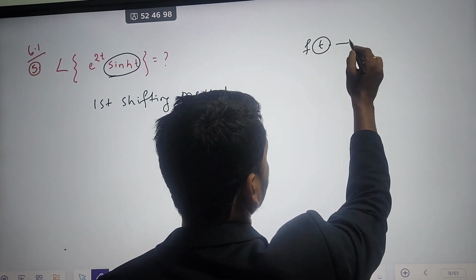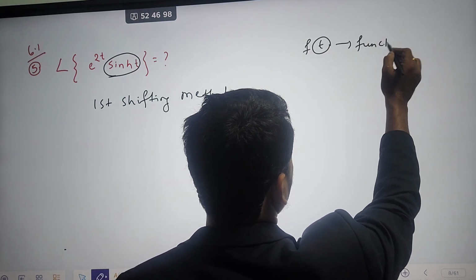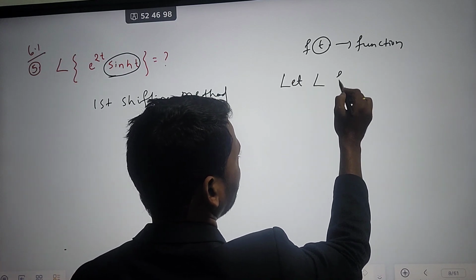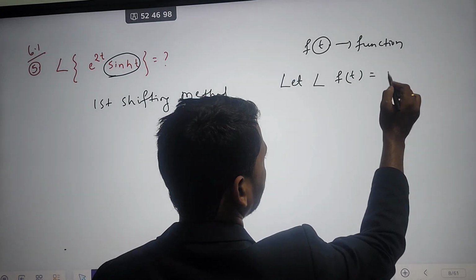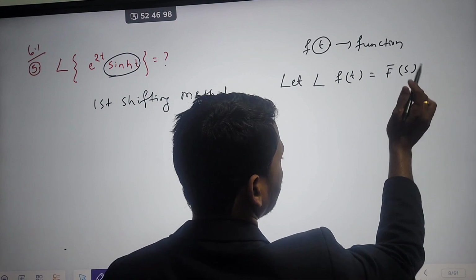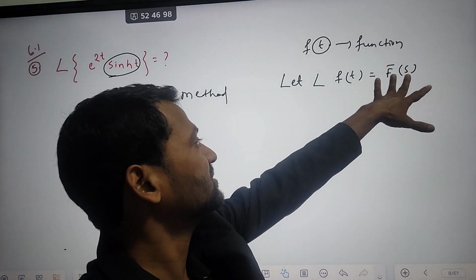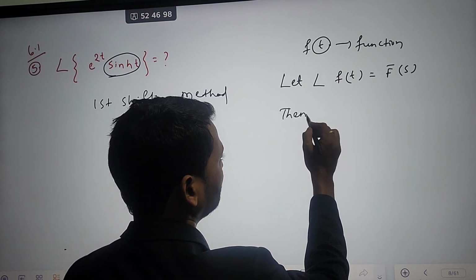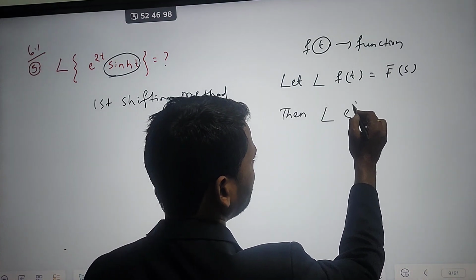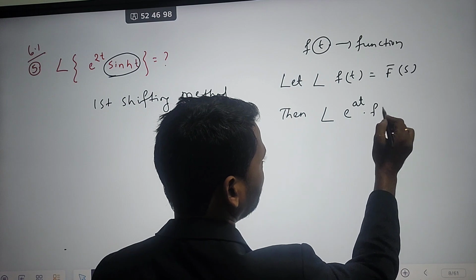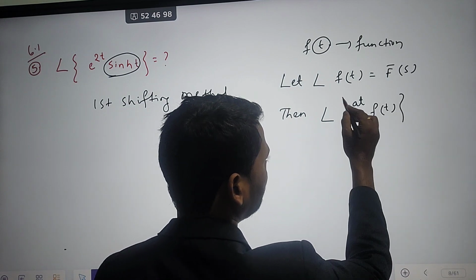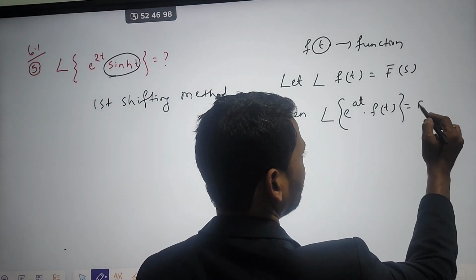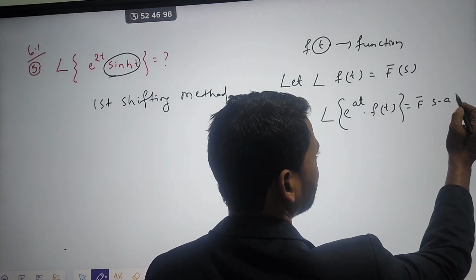f of t is a function. Let Laplace of f of t be equal to f bar s. This is also a symbol, the Laplace symbol, f bar s or f s. Then Laplace of e to the power at into that function will be equal to f bar s minus a.